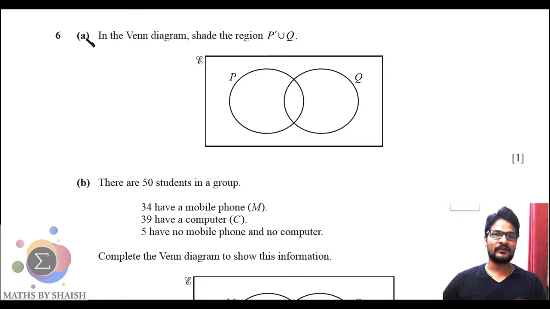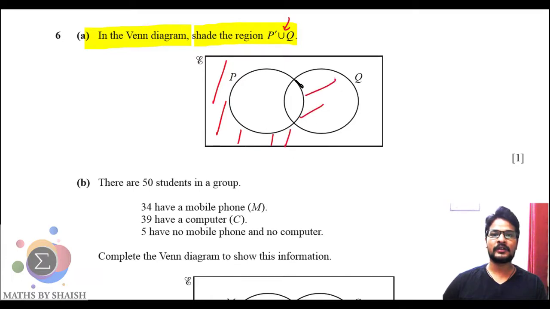Part A: in the Venn diagram, shade the region P complement union Q. Union means all together. Here P complement means not P, everything without P. So this is the region.